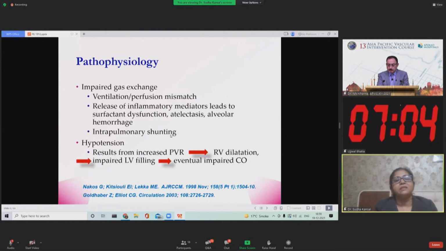So basically, there's impaired gas exchange due to VQ mismatch, release of inflammatory mediators, and intrapulmonary shunting, and hypotension is because of increased pulmonary vascular resistance, which leads to RV dilatation, reduced LV filling, and eventual impaired cardiac output and shock.